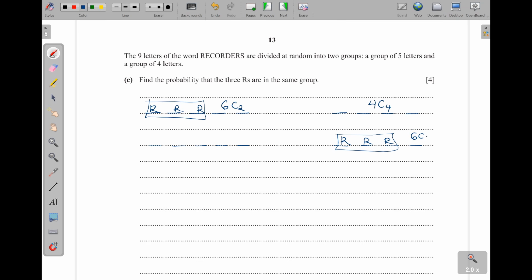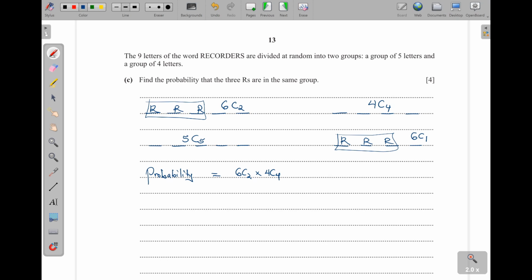So this will be 6 combination 1. And then the remaining 5, you will put them here. So this means that our probability is going to be equal to 6 combination 2 times 4 combination 4.